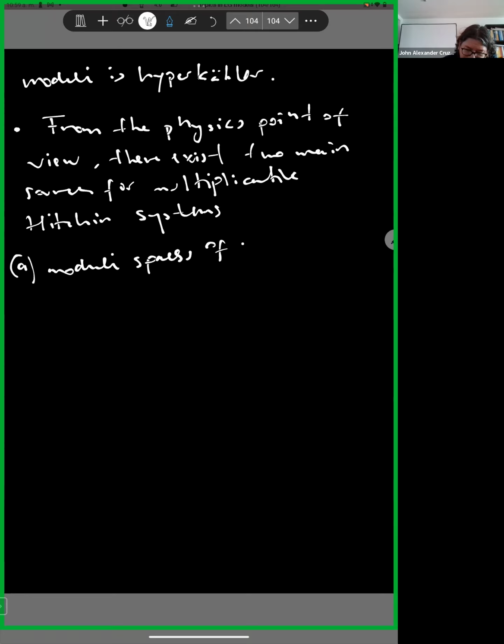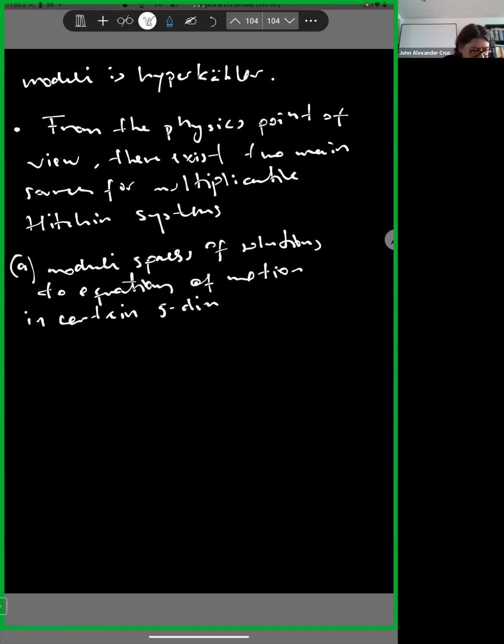of solutions to equations of motion in certain two-dimensional supersymmetric gauge theories.